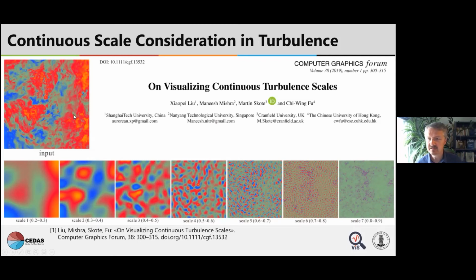So that's highly detailed numerical simulation. And you can immediately see from the picture that it's probably composed of different scales. And in fact, if you decompose this into the different scales, you can see some of the big structures, these blobs that are obviously there. You can see them in the larger scales. And then if you look into the details, you can find them in the smaller scales.